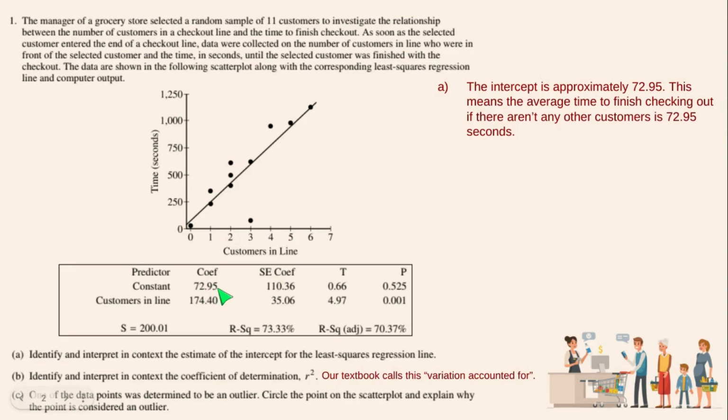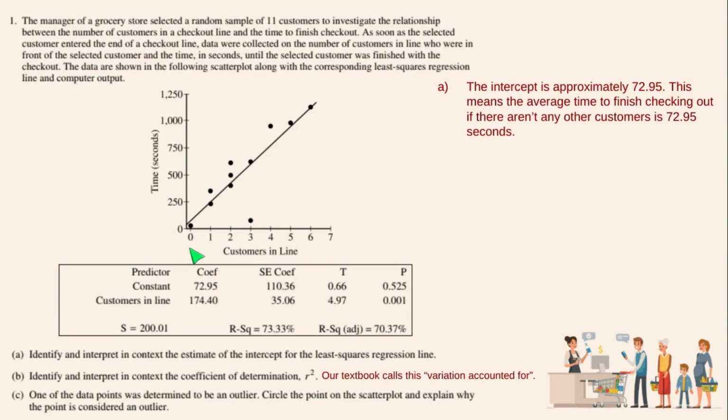72.95. This means the average time to finish checking out if there aren't any other customers is 72.95 seconds. Now, why is that? Well, this is the intercept, the y-intercept specifically, for our regression line.